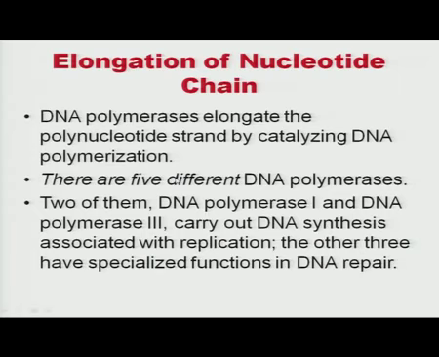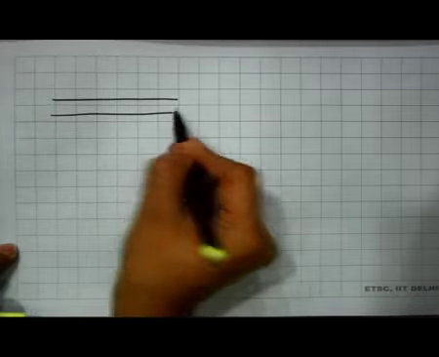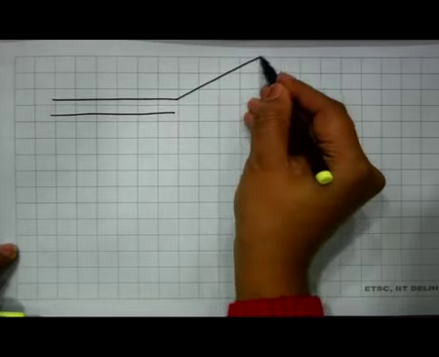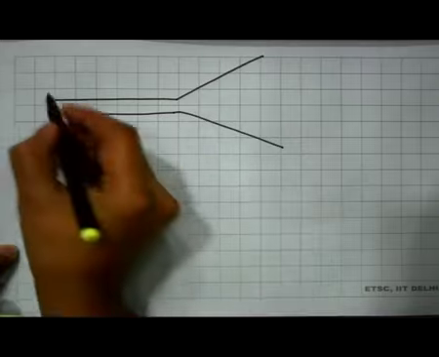Now let us discuss the elongation process, how the DNA is being elongated. Consider the second half of DNA which is already separated.